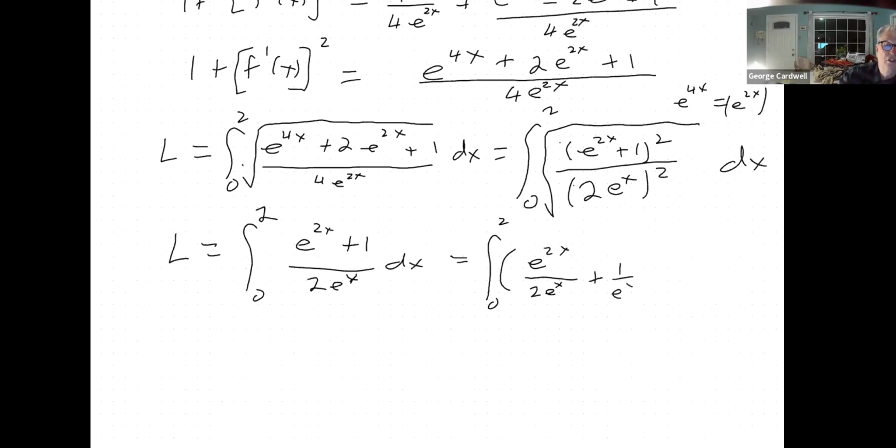But 1 over e to the x is really e to the minus x, so let's write it that way, because I want to do one more simplification step. That's not clean. Hang on.